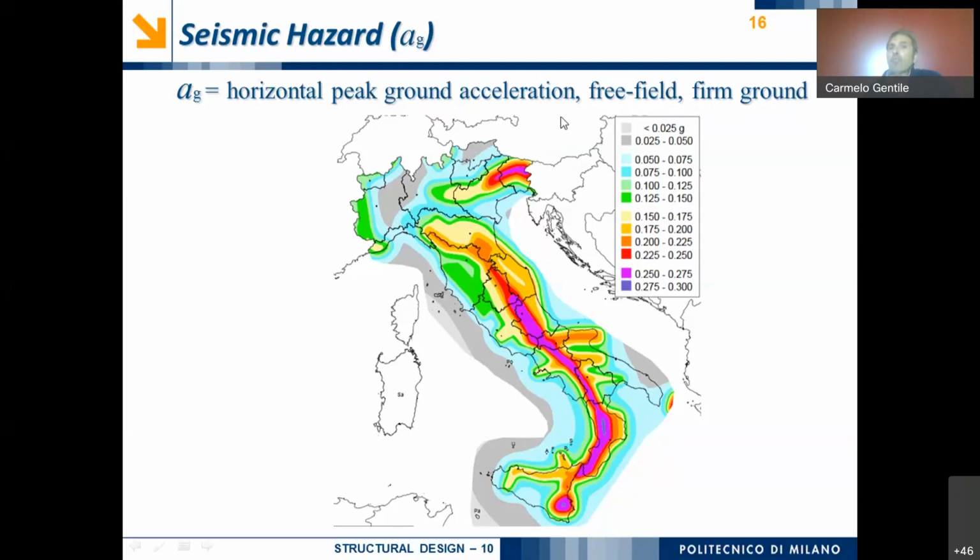Okay, so generally, when we talk of this value of Ag, in many cases it is an ideal value, which is obtained from the knowledge of the seismicity of a region. It's a horizontal acceleration, and we are going to refer to a maximum acceleration. In addition, it is in condition of free field.